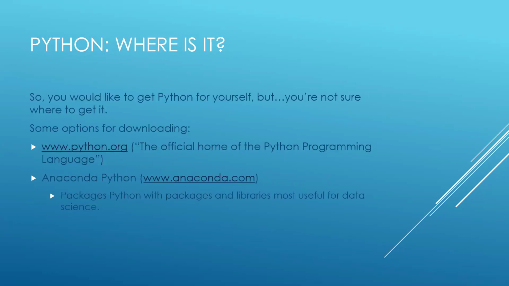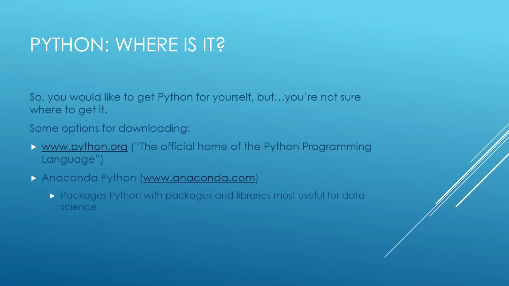So if you want to get into Python, you might want to know how to get it, where to find it. Obviously, one of the places you might go to is that website I just mentioned, www.python.org, which identifies itself as the official home of the Python programming language. And another place a lot of people will go to is anaconda.com.